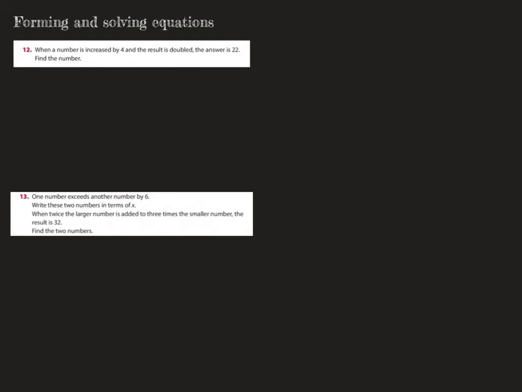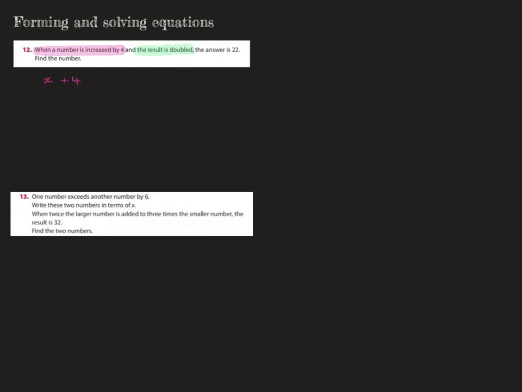In order to form the equations, what I'm going to do is take it bit by bit. Okay. So when a number is increased by 4, that's the first kind of clue we have, right? So we have a number x, and we're going to increase it by 4, so x plus 4. It then says the result is doubled.